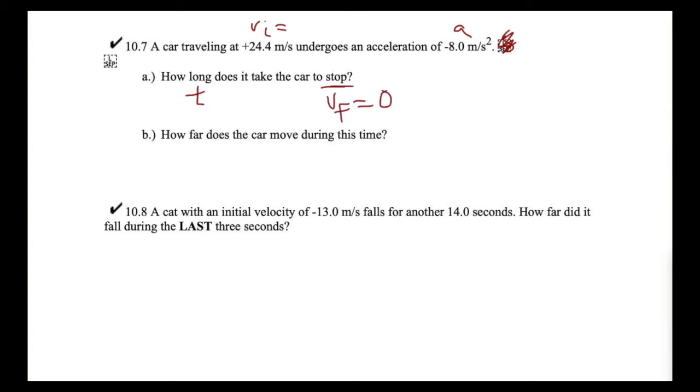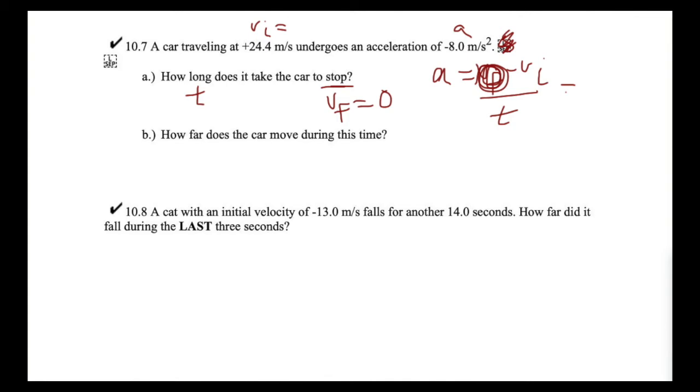Okay? So I could use that first equation. I could rearrange it for acceleration. It'd be Vf minus Vi over t. And if I plug in, my Vf is 0, right? My initial velocity is 24.4, divided by the time. Wait a minute, I don't need this.